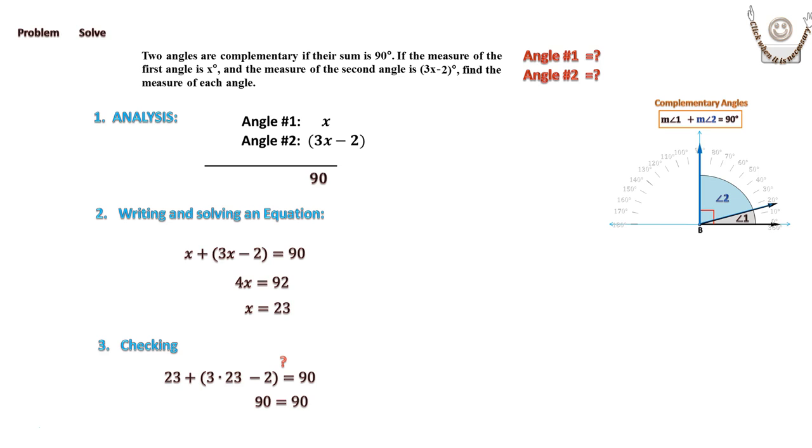A simple calculation tells you yes. Then we have to write out the answer. We have to answer the question. The measure of angle number 1 is 23 degrees. But the measure of angle number 2 would be 3 times 23 minus 2. Together it will be 67 degrees.